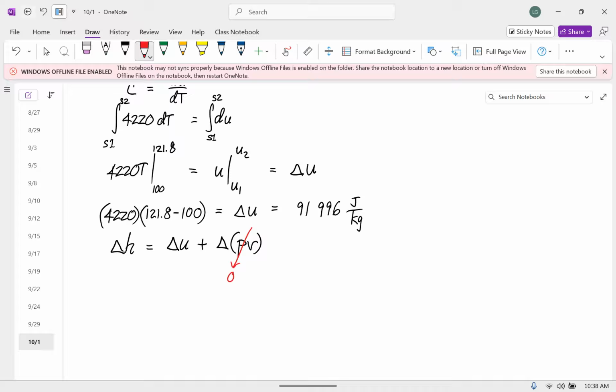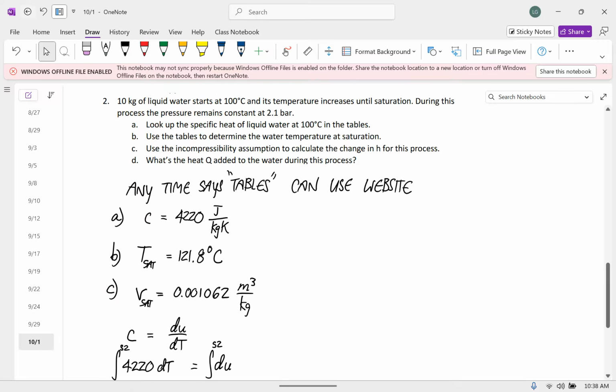This part is 0 for an incompressible material at constant pressure. And so the change in specific enthalpy is also 91,996. And that's part C.